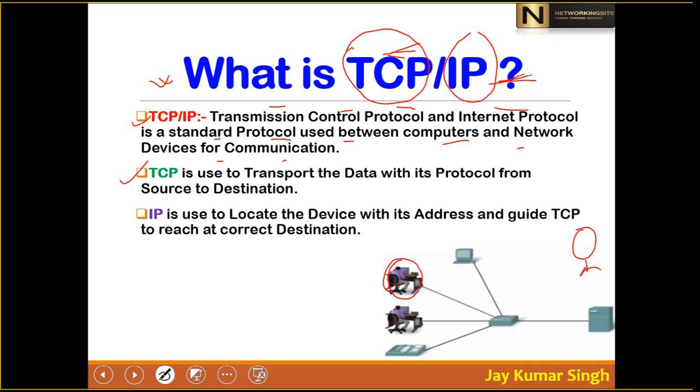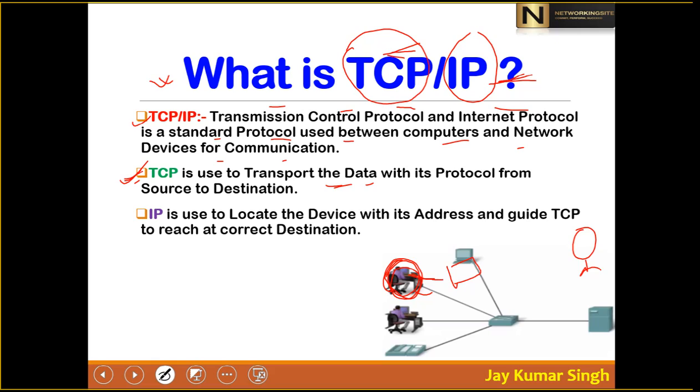You cannot walk, so you need transportation. Or maybe you want to send some data packet, so you need some transportation. TCP works as a transportation medium. TCP is used to transport the data.